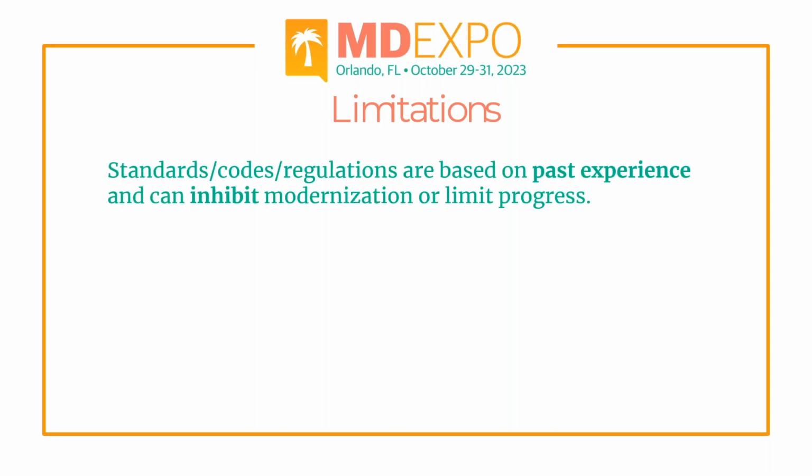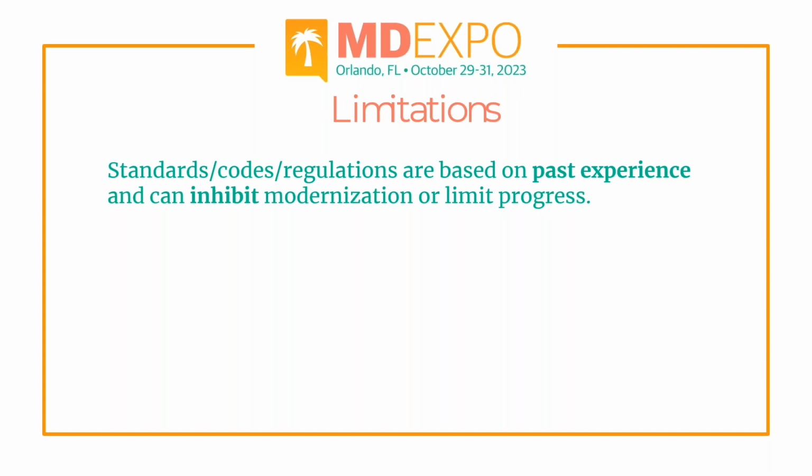Okay, now we tend to think that the standards are something that are coming from somewhere, but they're not. There are limitations with the standards. And these are the things that you need to keep in mind: the people who write these standards, and even regulations and codes, are basing them on past experience.